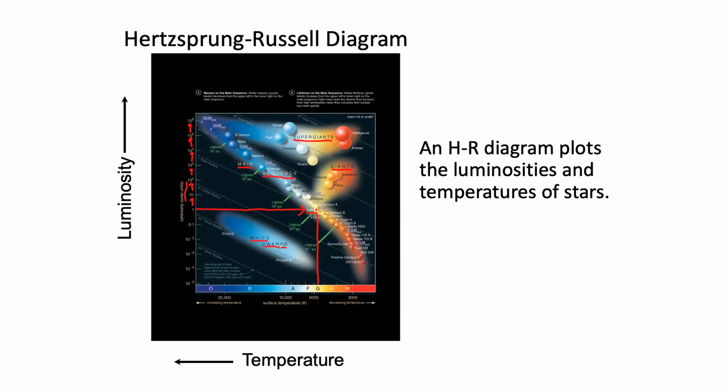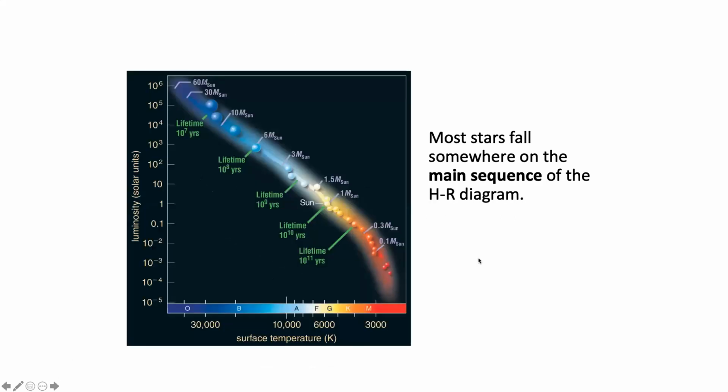These are some that we're going to be looking at. Most stars in the universe fall somewhere on this diagonal that runs from the top left to the bottom right. Again, this is called the main sequence.